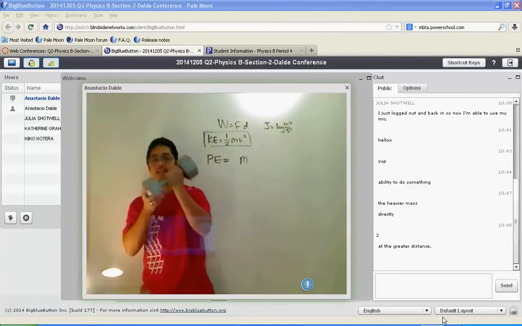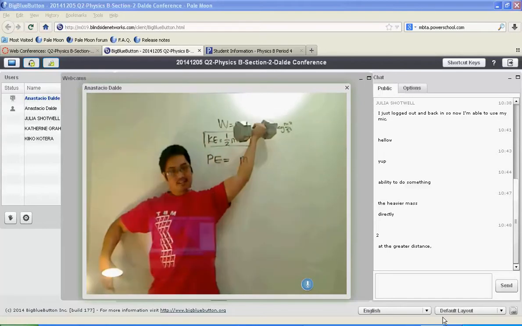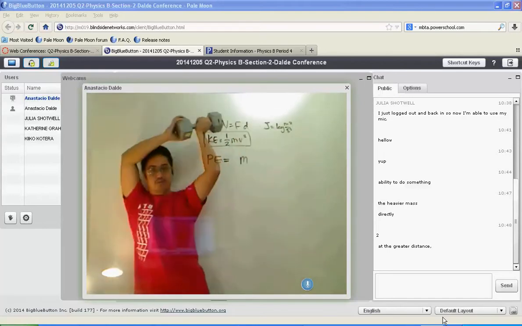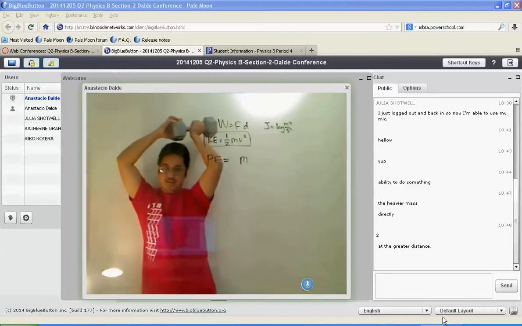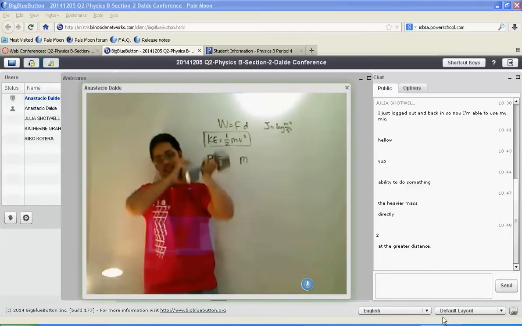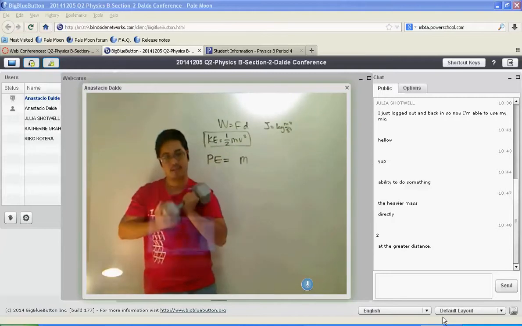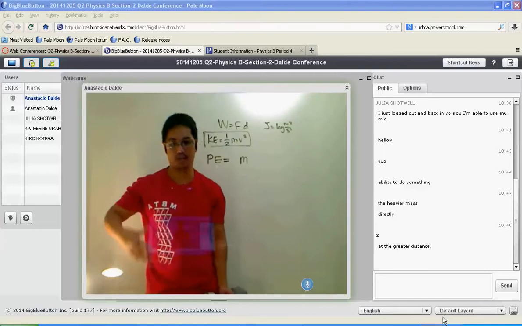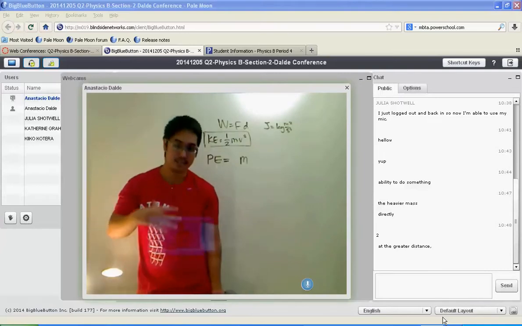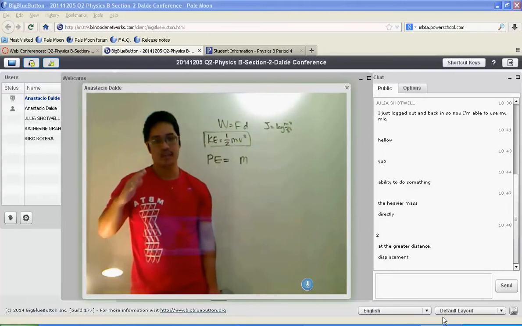If I have it here and I move it a distance, maybe this far, will it cause any more or less pain versus moving a distance? Does this make sense to you? What I mean is I don't want to say distance, because distance just implies any kind of movement. No, not displacement.